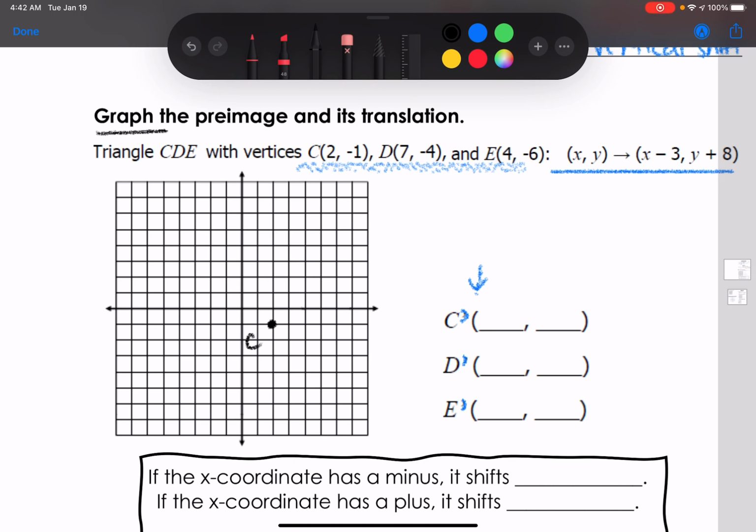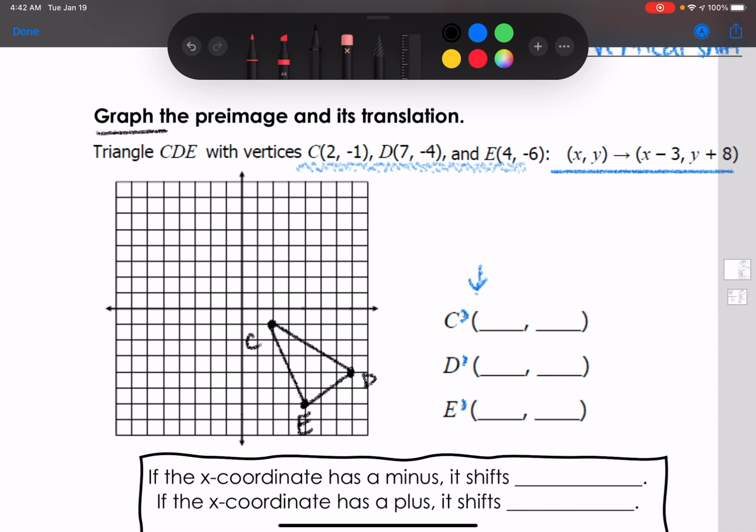Okay, to (7, -4), and E, which is at (4, -6). All right, connect your dots, and you have this triangle CDE.